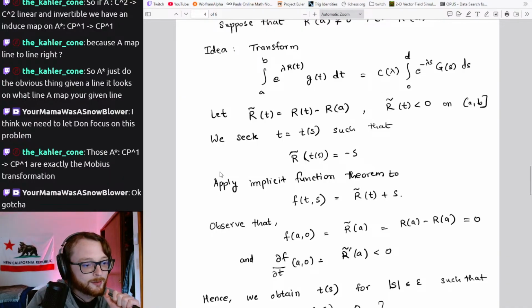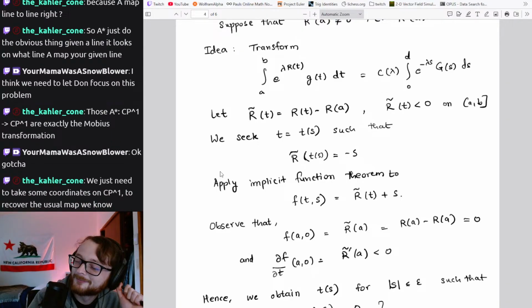Those A star, CP1 to CP1, are exactly the Mobius transformations. Just need to take some coordinates on CP1 to recover the usual map we know.